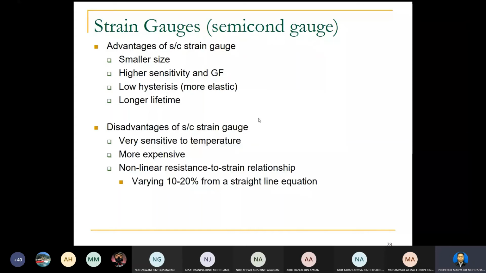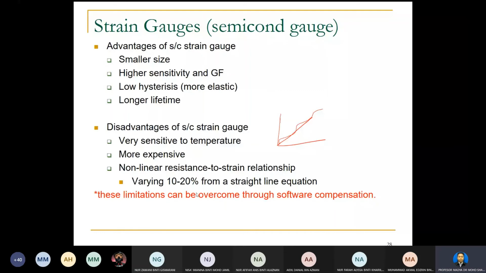You can see the variation is 10% to 20% from the straight line. For example, this is our output, so it may vary something like this, 10% to 20% from the straight line.